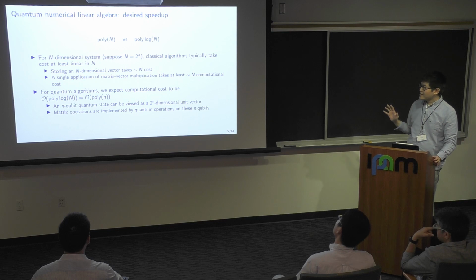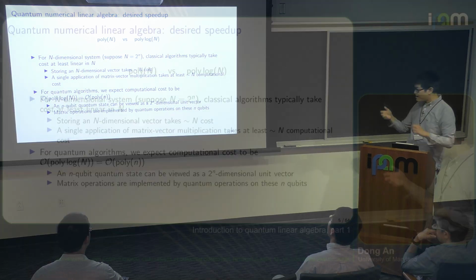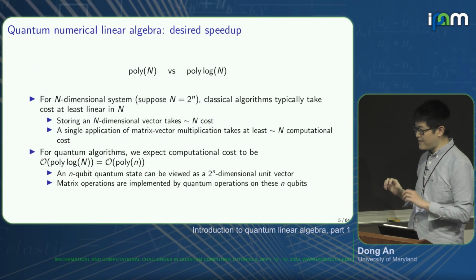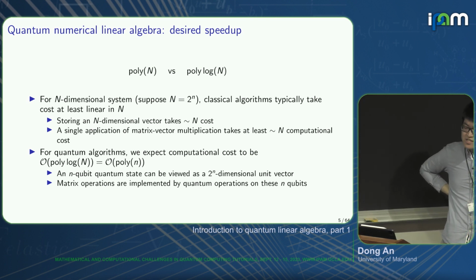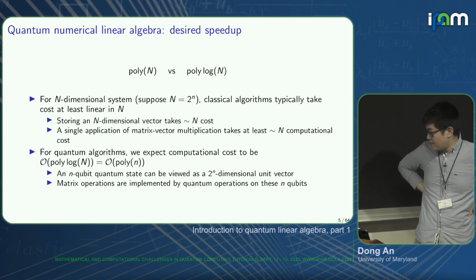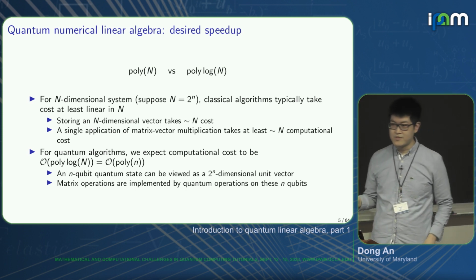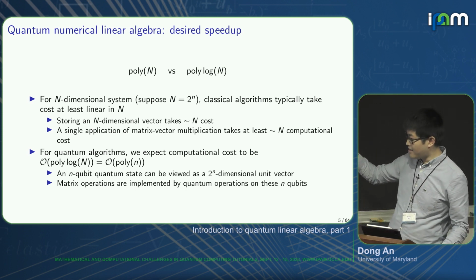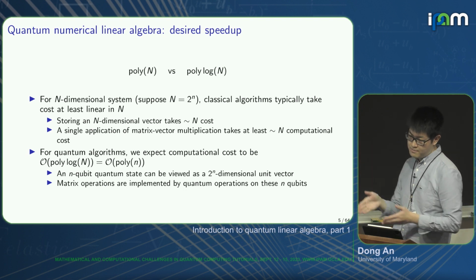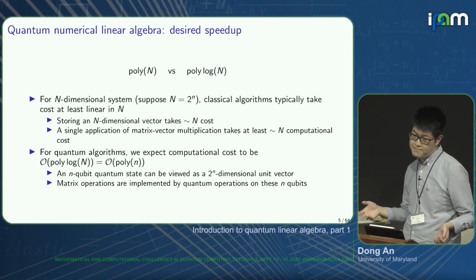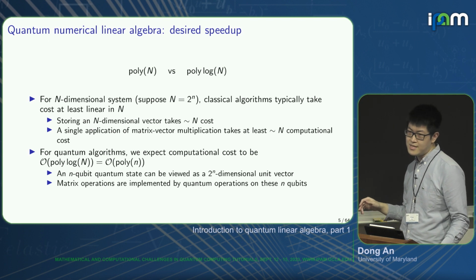This is a general speedup, but there are some caveats. The general speedup is in terms of the dimension. In classical numerical linear algebra, if we care about an n-dimensional system, we need to store n-dimensional vectors and an n by n matrix.